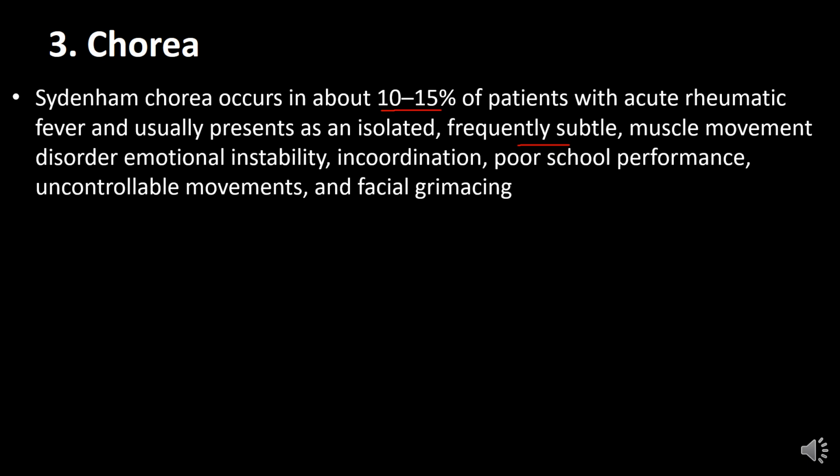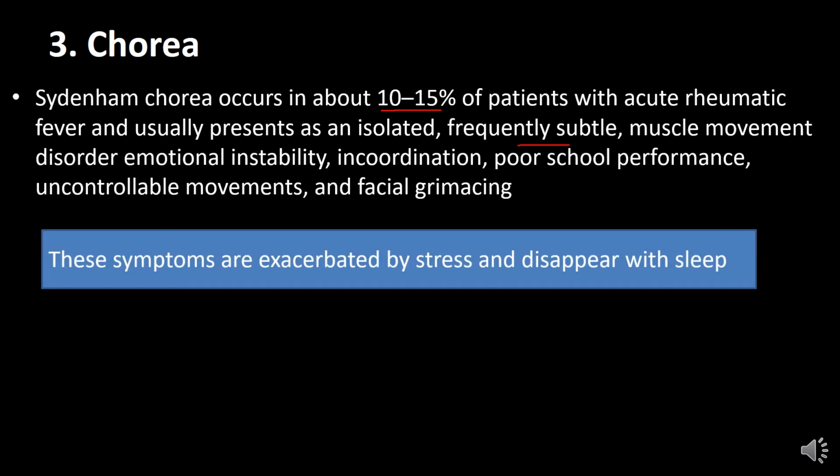So that is chorea. It affects 10 to 15% of the children who present with acute rheumatic fever: very subtle muscle movements, mood changes, and coordination, poor school performance, and grimacing. What is so specific about this presentation of chorea is that when the child is stressed, they become worse.